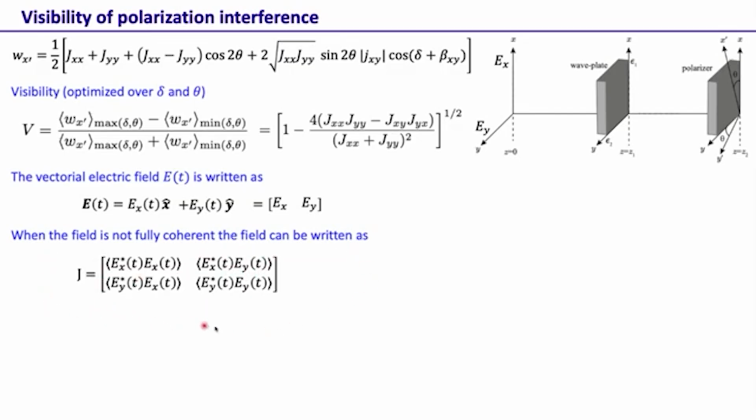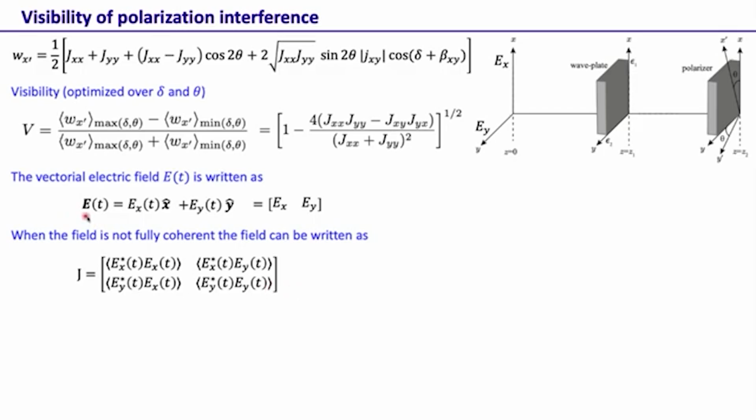So this is the representation of the field in terms of a 2 by 2 matrix, and this represents the field which is partially coherent in the polarization basis. Here we are not talking about its temporal coherence or spatial coherence. Here we are only talking about its polarization coherence. So from the polarization coherence perspective, a field can be written in terms of a 2 by 2 matrix.